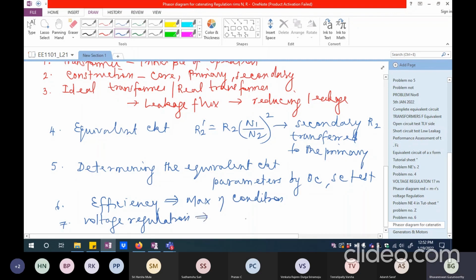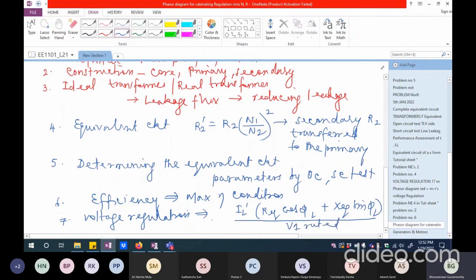Voltage regulation, we derived the expression which is I2 dash multiplied by R equivalent, or IL dash, you can say, the load current visualized from the primary side. So IL dash multiplied by (R equivalent cos phi L plus X equivalent sin phi L). So this is the voltage drop. This has to be divided by V1 rated, if I am looking at it from the primary point of view, and I have to multiply this by 100 if I want percentage voltage regulation.